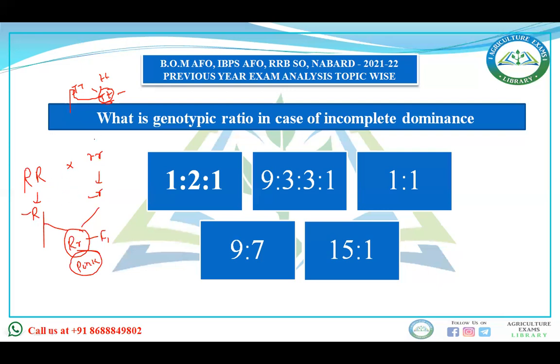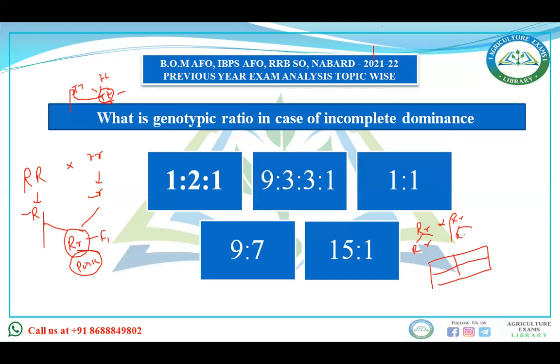It becomes pink, which does not resemble either of the parents. Now suppose we do selfing of the F1 generation, capital R small r with capital R small r. Each parent gives two gametes, capital R and small r.